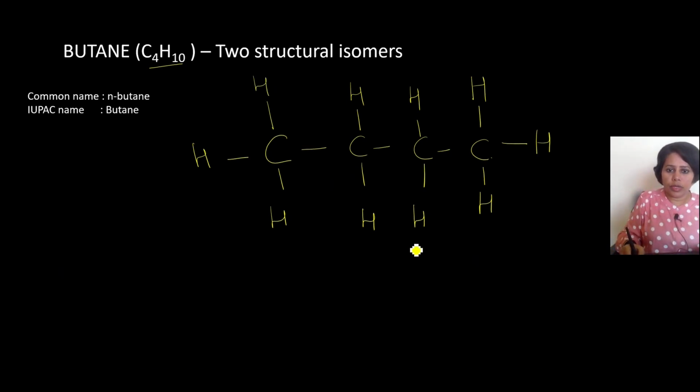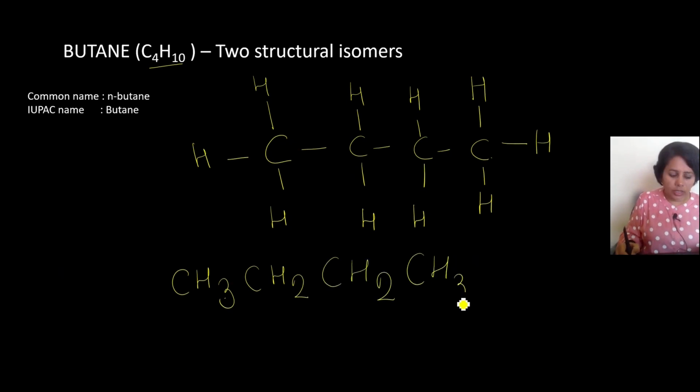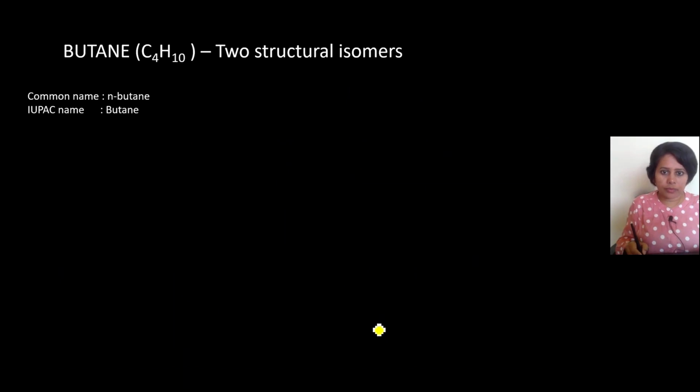This is butane. You can write it in another way also: CH3, CH2, CH2, CH3. So this is one structure of butane, one isomer of butane.